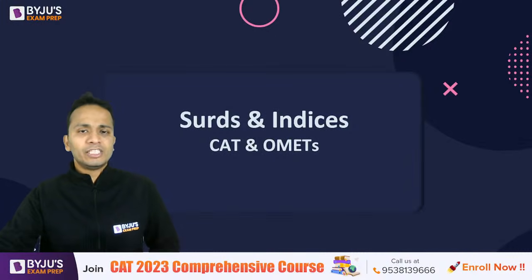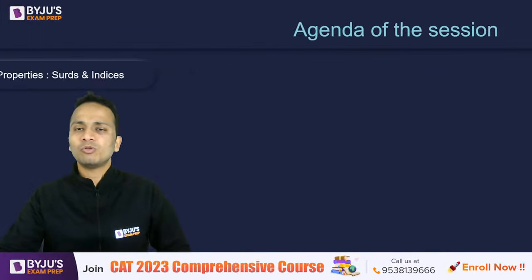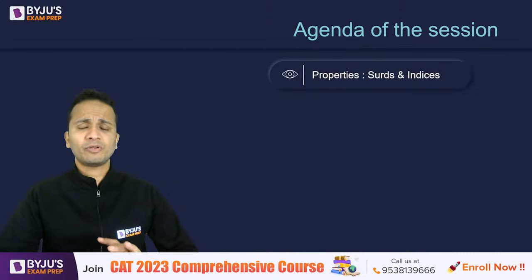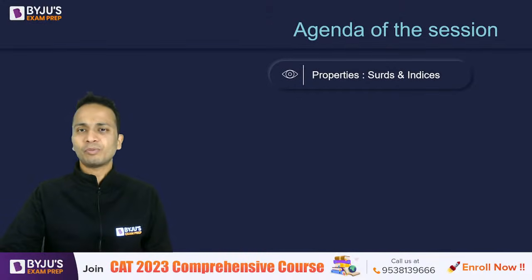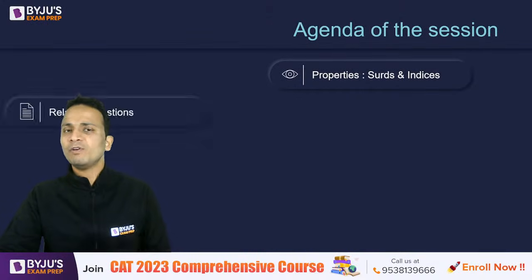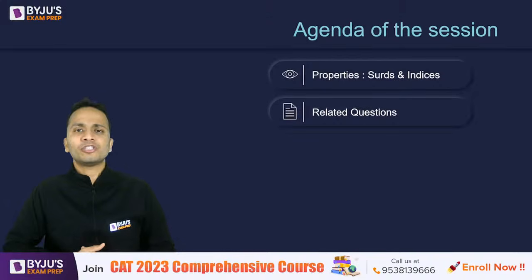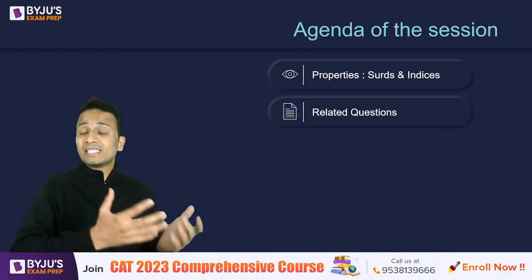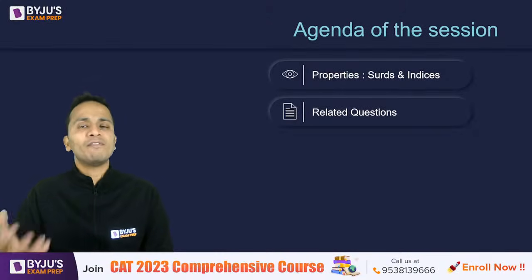Now, the agenda of this session will be very simple. First, we'll discuss the properties of surds and indices in slightly more detail. It will not be a brief session; we'll be together for the next 40-45 minutes. Once we've discussed each and every property, we'll look at different types of questions based on surds and indices, primarily focusing on the comparison between two different types of numbers, be it surds or indices. Both have something to do with the powers of numbers.